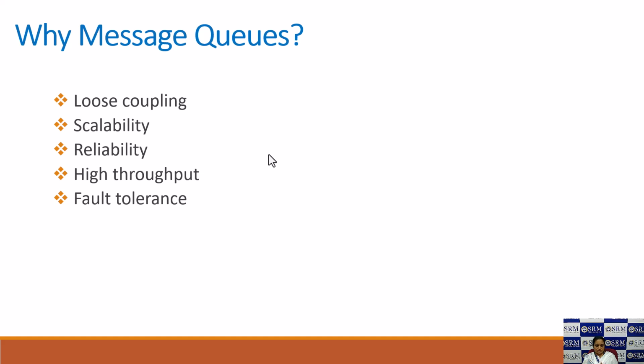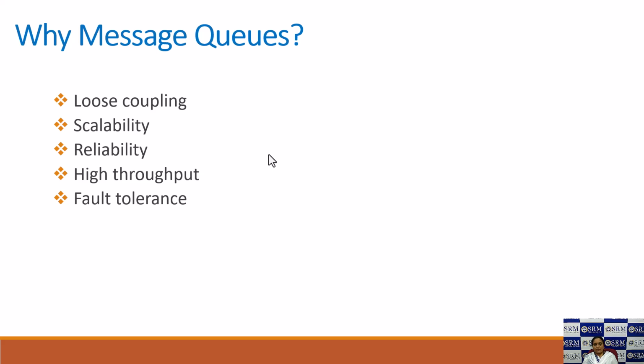What is a message queue, and why do we need one? The four components you have seen may generate a message queue, because the producer may continuously send messages, and the consumer has to receive them via the message broker on various topics. There may not be only one topic. The same producer may generate messages on two or three topics.